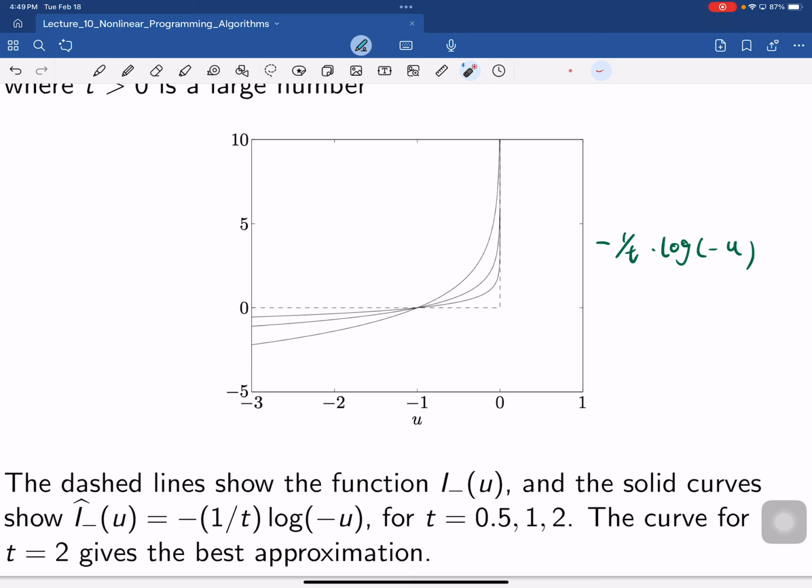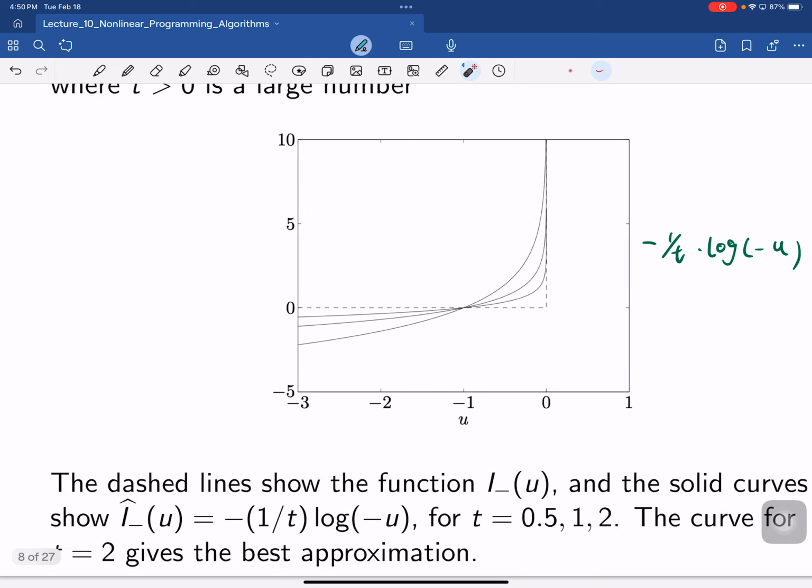So where does the approximation come into play? The approximation is to say you want to keep this curve close to 0, such that whenever it is feasible, you do not introduce any penalty.